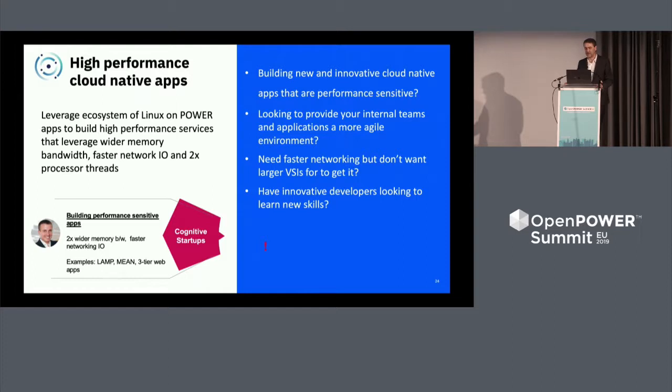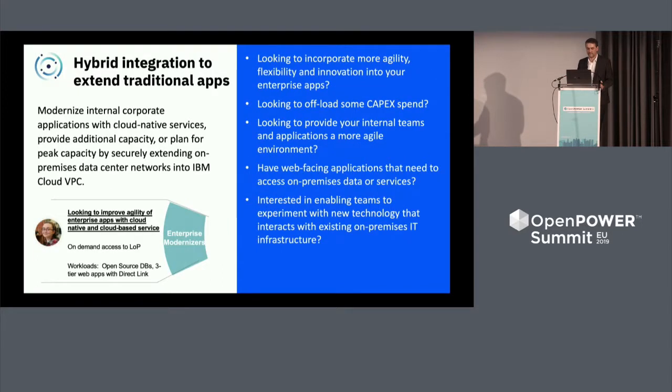You can deploy your multi-node application, and they're all on a private network, very similar to being on-prem. And here's another use case: looking to improve the agility of enterprise apps with cloud-native and cloud-based processing, or cloud-based services.